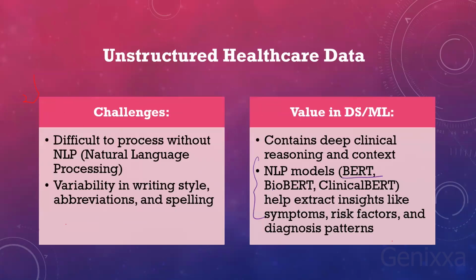These are names of some popular NLP models, algorithms we can call. We may discuss that on level 3 course somewhere. These are some extensive models that are already trained to work over textual information so that they can extract relevant insights, maybe symptoms, risk factors, or diagnosis patterns from the text data by understanding actual context of the information presented to them.